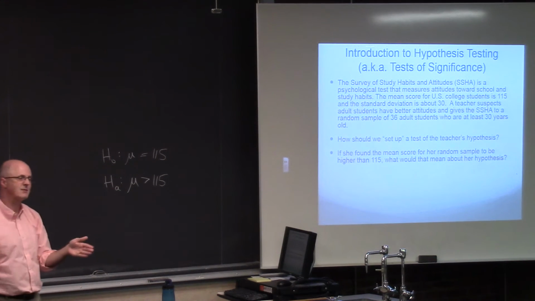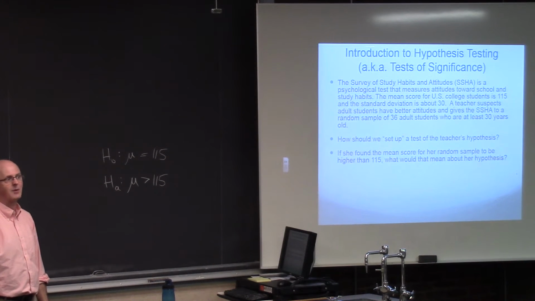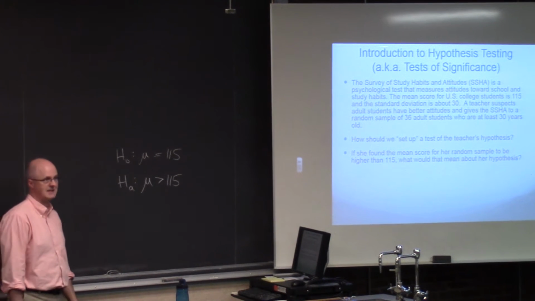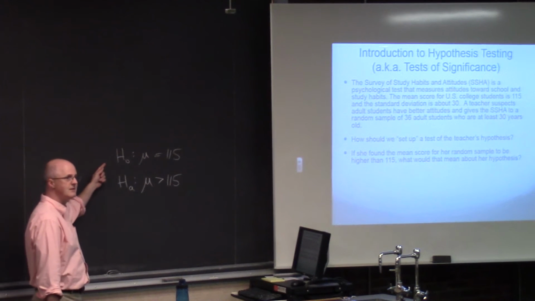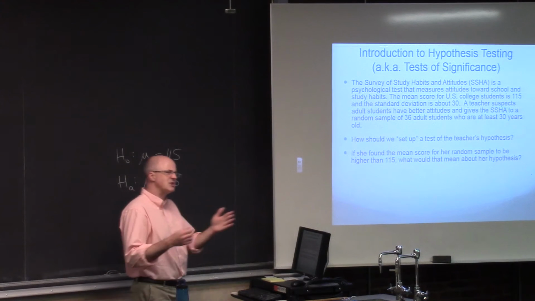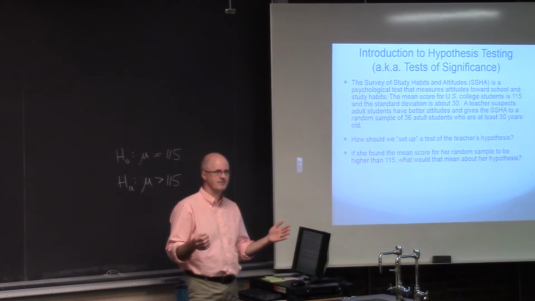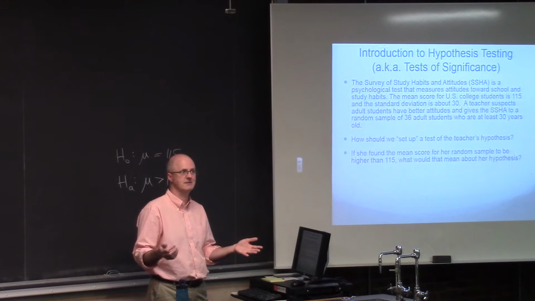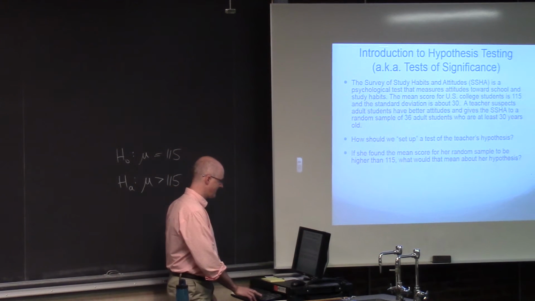Of course, if it's less than 115, then she has no evidence that she's right, essentially. I mean, she still could be right, but she doesn't have very strong evidence against the null if x bar was less than 115. So it's a matter of strength of evidence. Strong evidence is called statistically significant evidence.